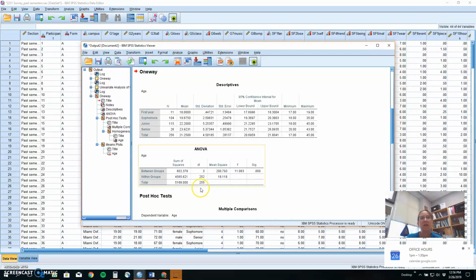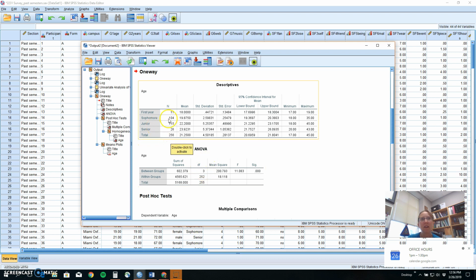When we compare those, we have two parts to our degrees of freedom. Overall, the degrees of freedom is equal to the sample size minus 1. But in an ANOVA, we split that into two parts. We need to know the variation between groups, which is equal to the number of groups minus 1, and then the differences within the groups, which is equal to the total sample size minus the number of groups.